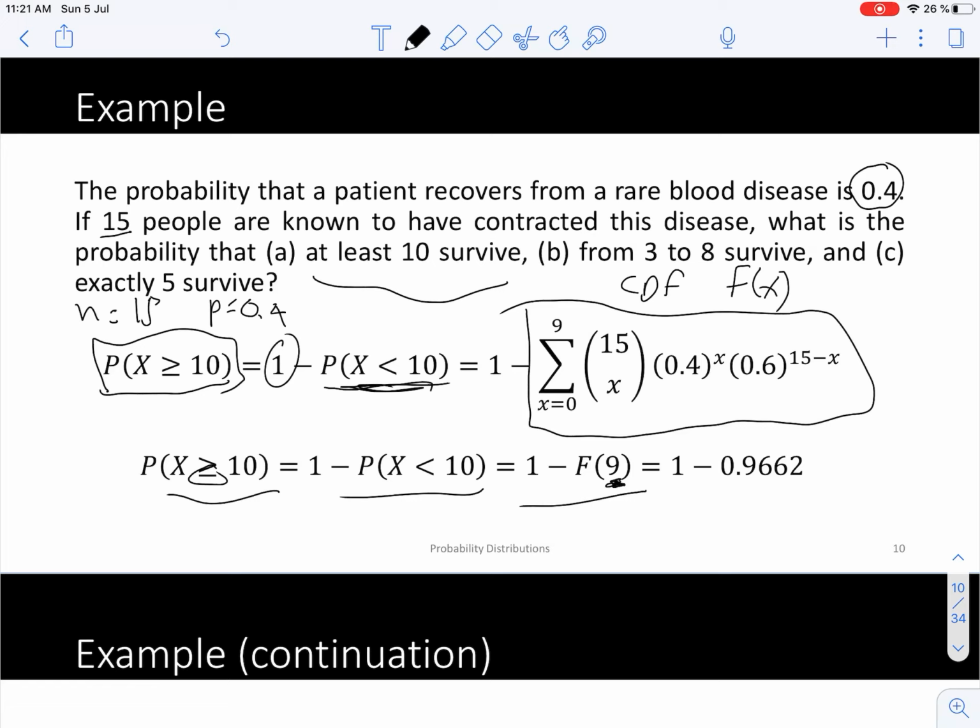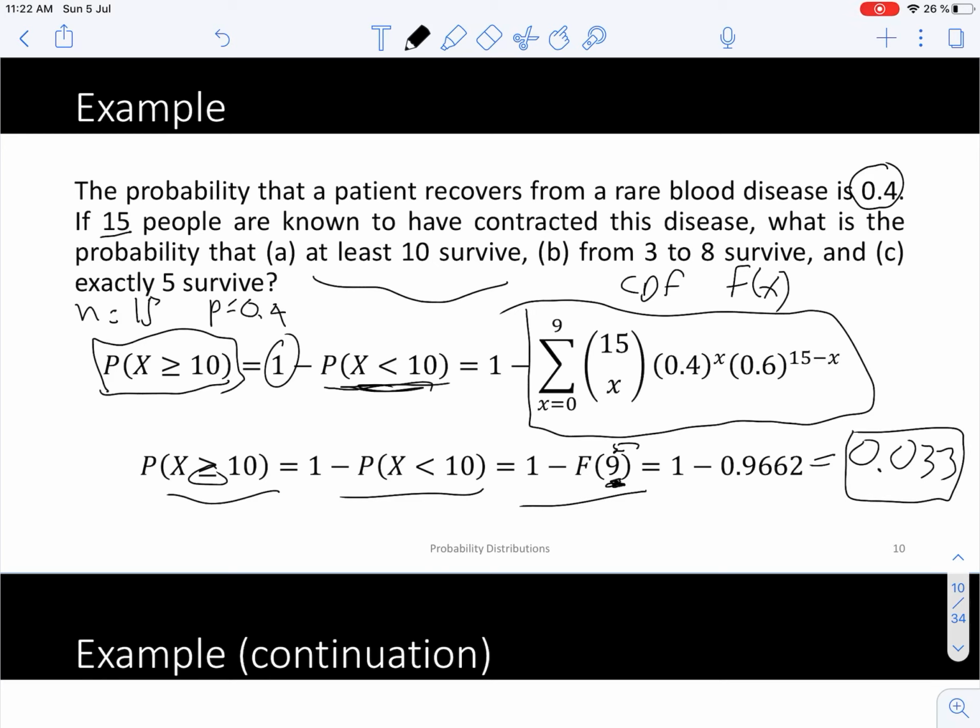So that's why we're going back one of the integer values, and in order to do so, we get the result. So 1 minus 0.9662 is going to give us the probability that 10 or more patients are going to survive. That probability is equal to 0.0338.